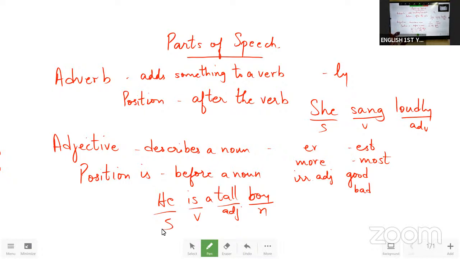Then the next is preposition. I've explained to you that in preposition, excuse me, I touched the board and it went off. Sorry.